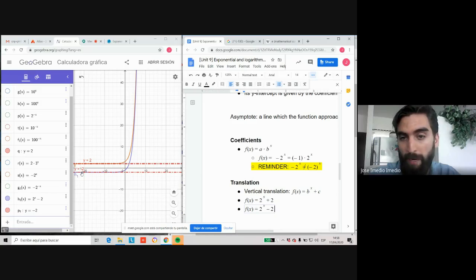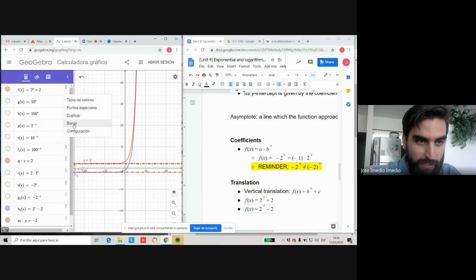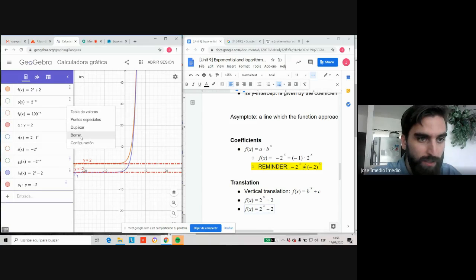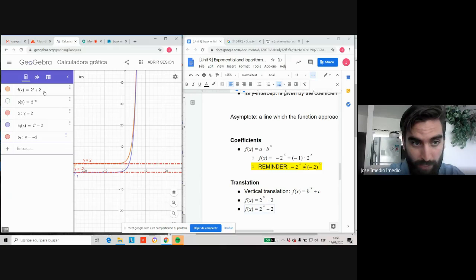Vertical translation applies both to exponential growth and to exponential decay. If I take, let me get rid of these functions that we are no longer using.